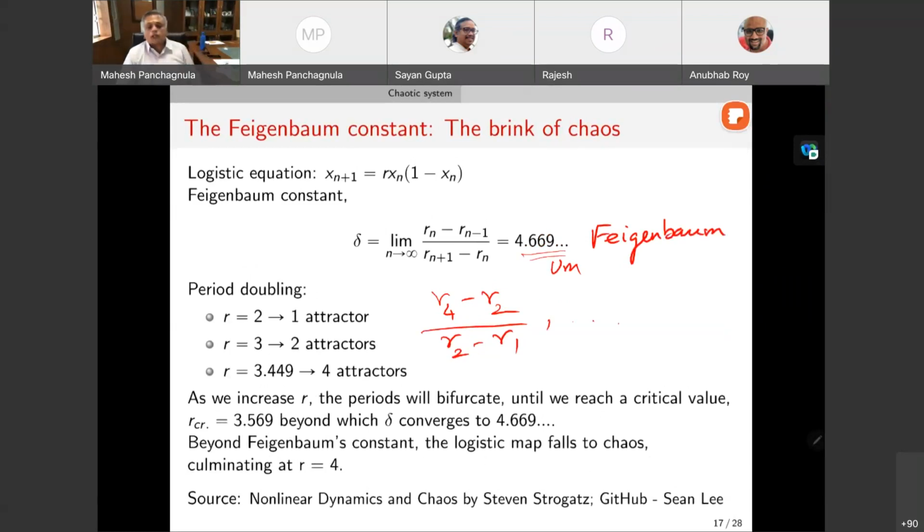And some argue that this is as universal a constant as pi or e or any of these other numbers that we are used to seeing as having a physical significance and being irrational.